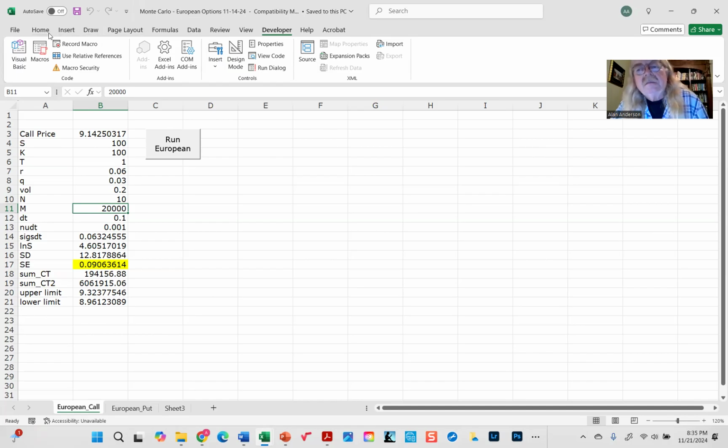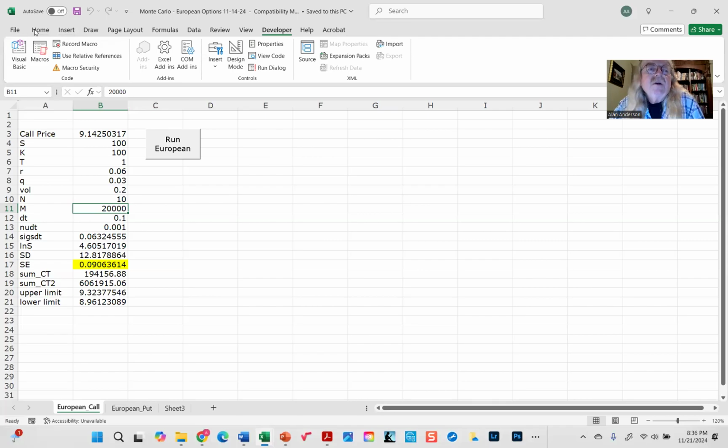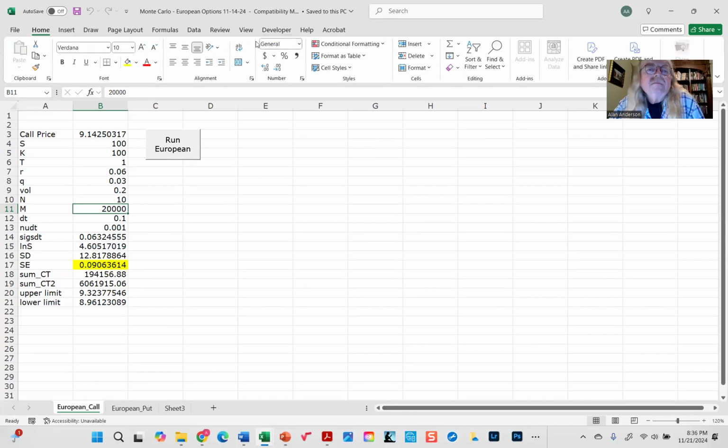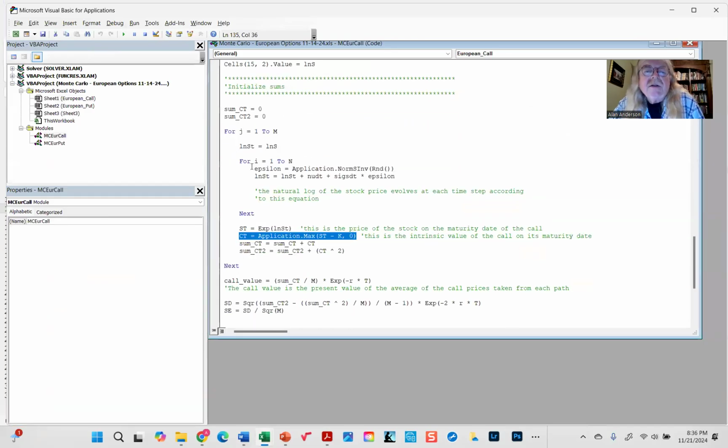I'm going to ask you to go ahead and take this code and update it to run these mirror image paths. In other words, what you would have to do is go into the code and here you're basically going to create two paths at once.